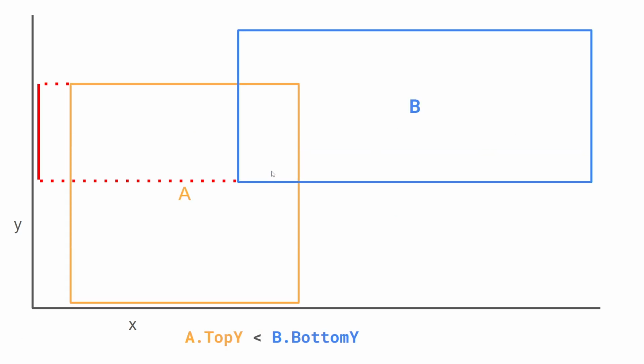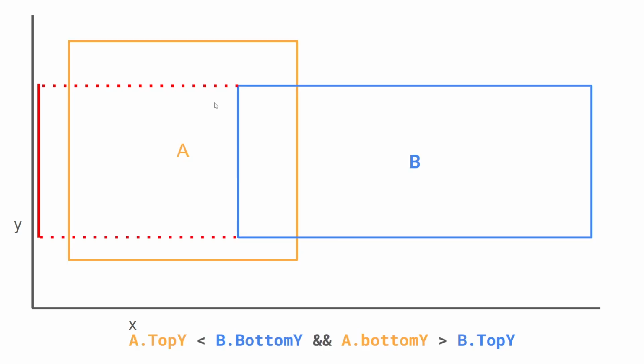Then, of course, we have the same case like for the x-axis. Here it's a dot top y, so this value is smaller than b dot bottom y, so this value, okay. Yeah, then there's an intersection. And then we have the same case again with two statements. These are again true: a dot top y, so this value, is smaller than b dot bottom y.